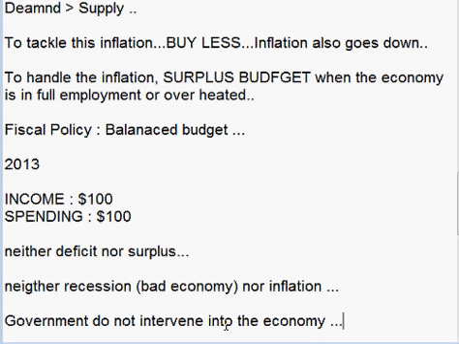The economy is nice and good, there is no bad sign or very good sign, no recession and no inflation. So the government does not need to intervene, and normally adopts a balanced budget.